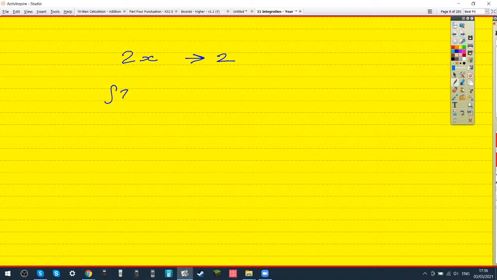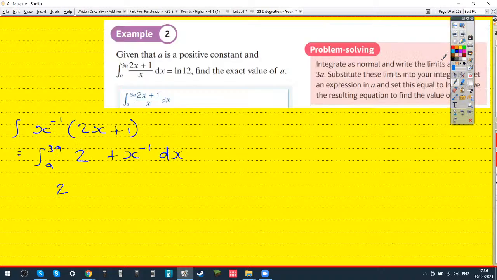What is the integral of 2? 2x. Yep. And so this one will be 2x, not 2 squared over 2 or whatever malarkey. This one? x to the minus 1. What is minus 1 plus 1? 0. So what do you do there? Becomes 1.